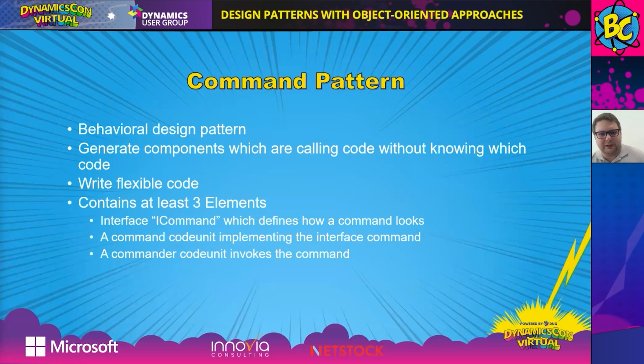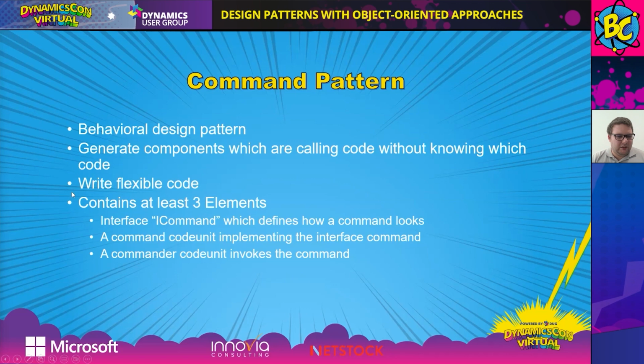We'll now talk about the command pattern. The command pattern is a behavioral design pattern, so you control the behavior of your program with commands. Using this pattern, you can create components which are calling code without knowing which code. I will show you an example in 2 minutes.